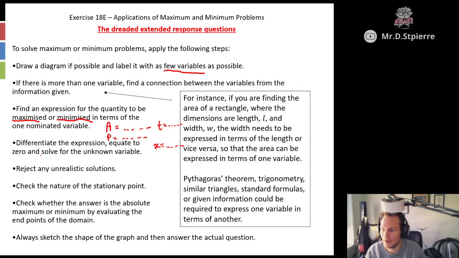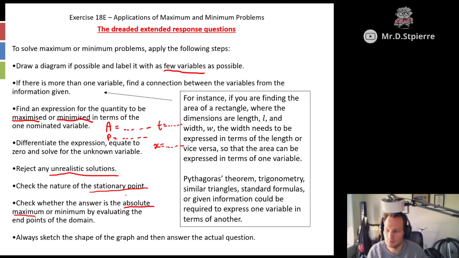Because then once you have that, you can differentiate it, let the derivative equal 0, and then solve, and that tells you where your local maxes and local mins are. Reject any unrealistic solutions. You also want to check the nature of the stationary point. So is it a max, is it a min? And then check also, is it absolute?